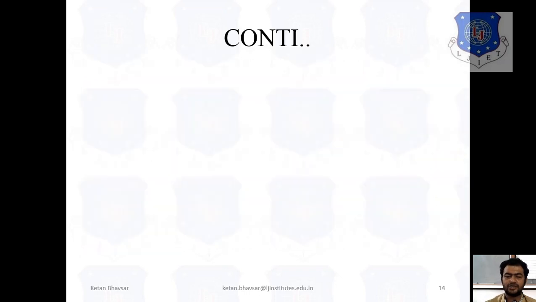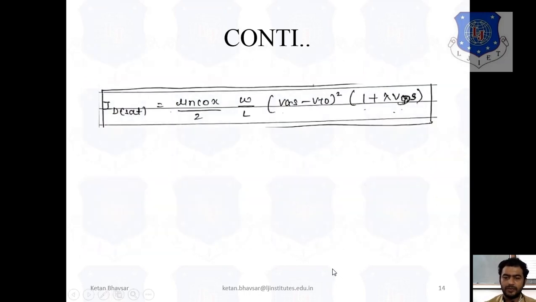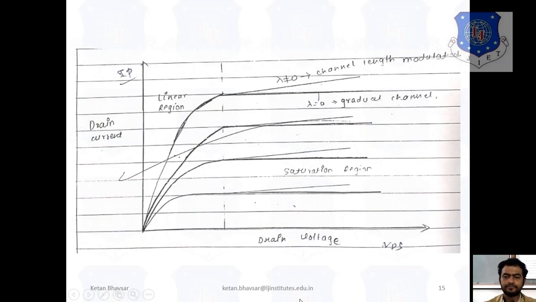As you can see, in the saturation region the current will be slightly greater than in the specific linear and saturation region because of the channel pinch off point and also the displacement vector. Here you can see the lambda coefficient, which represents the gradual channel representation and channel length modulation. In this area you can see the linear region, and here you can see the saturation and pinch off point.